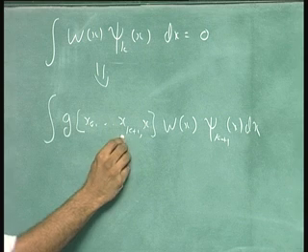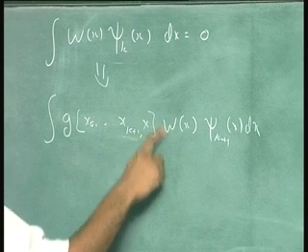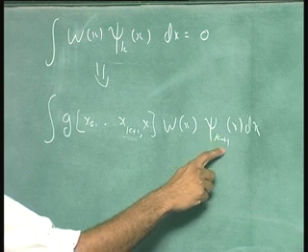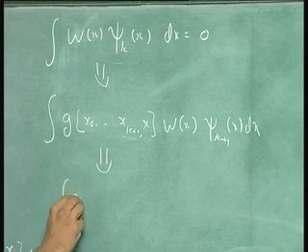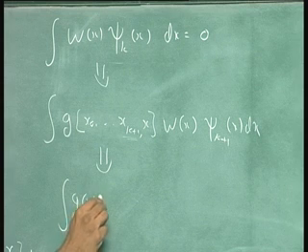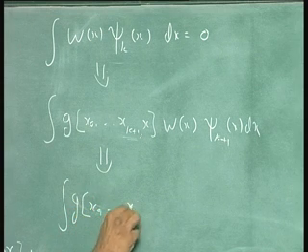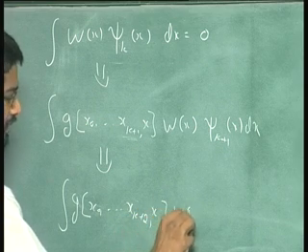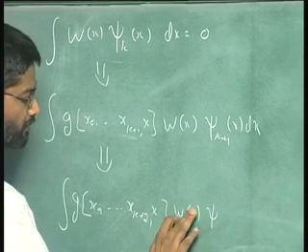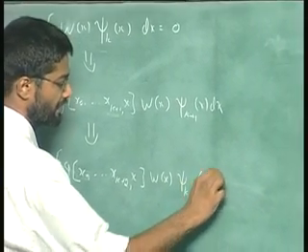Now we choose it such that this integral is again 0, that is the integral of w of x psi k of x dx is 0, and then this will lead to the integral of g[x0, ..., xk+2, x] w of x psi k plus 2 of x dx.